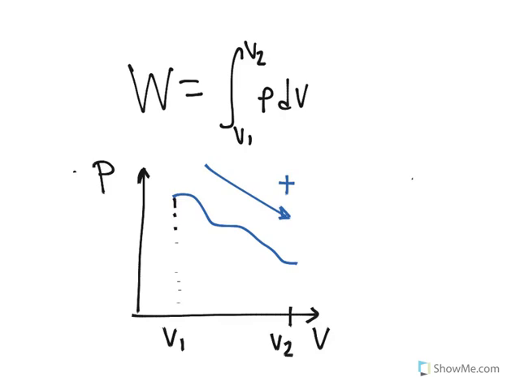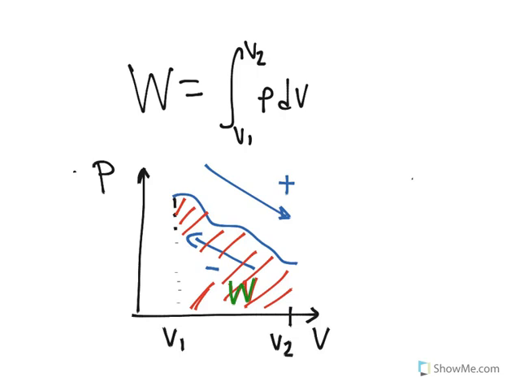If the process goes towards the other direction, then it's going to be negative. But the total work is the area below the curve, right? Because this is an integral, and the integral is the area below the curve.